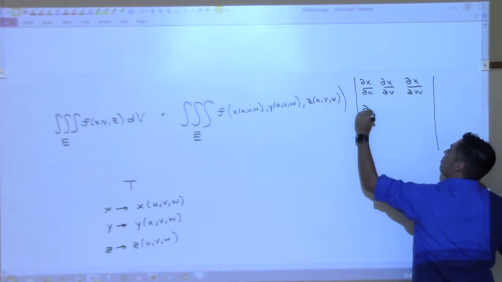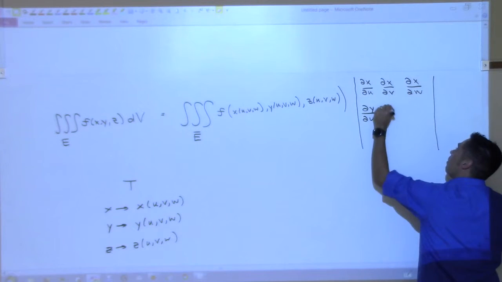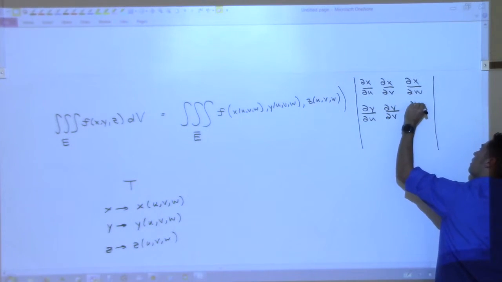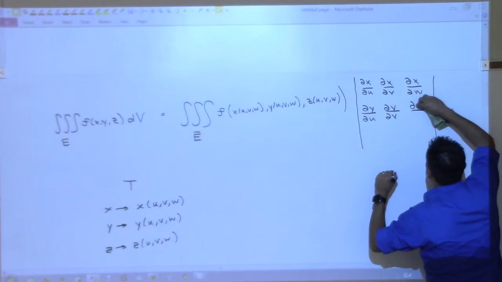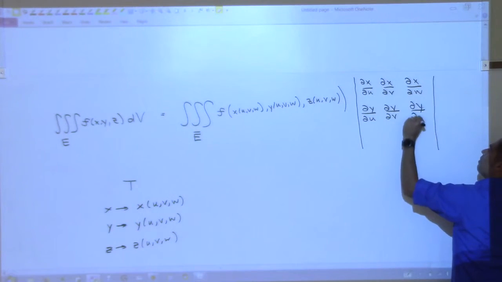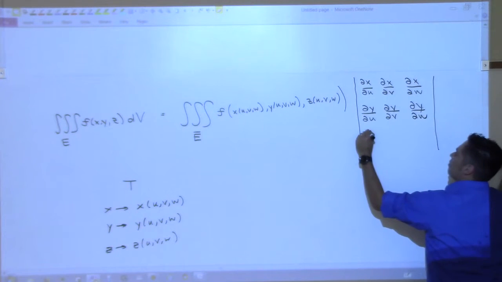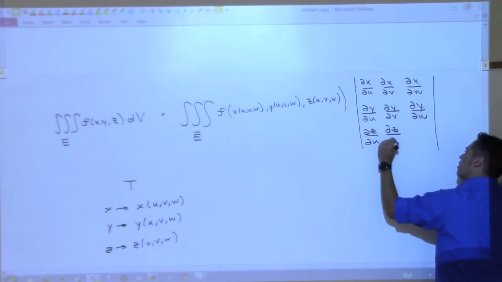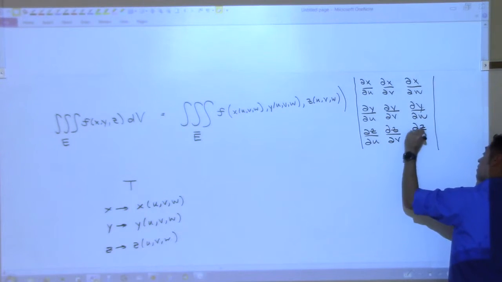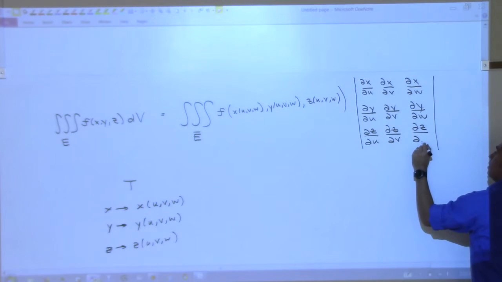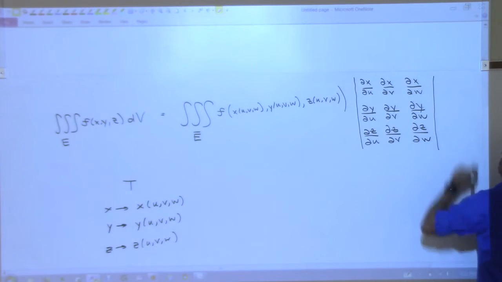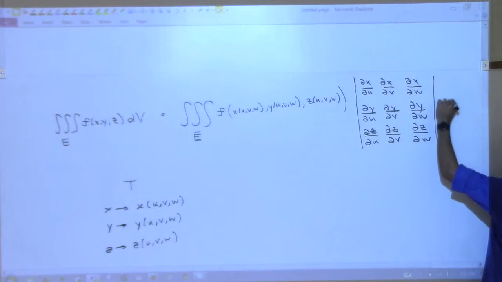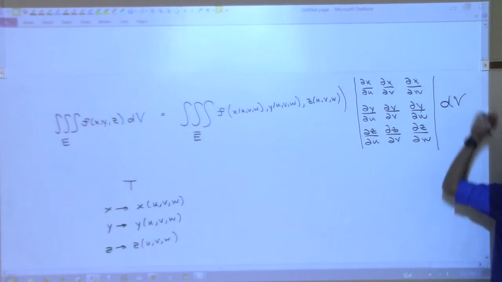Then partial of y with respect to u, partial of y with respect to v, partial of y with respect to w, and then last one, partial of z with respect to u, partial of z with respect to v, partial of z with respect to w. Okay, there we go. dV, whatever our new thing is.